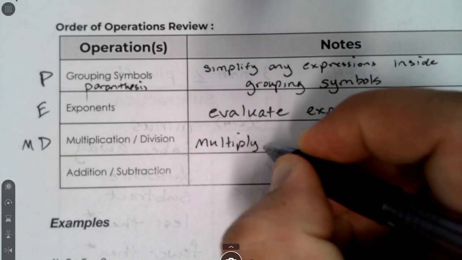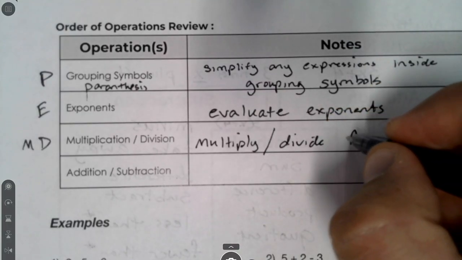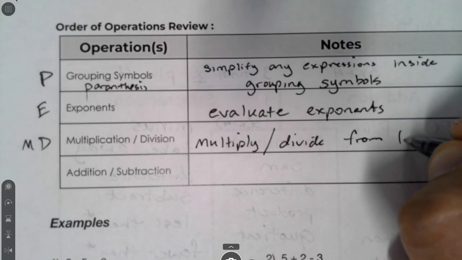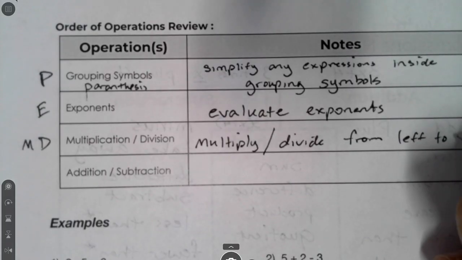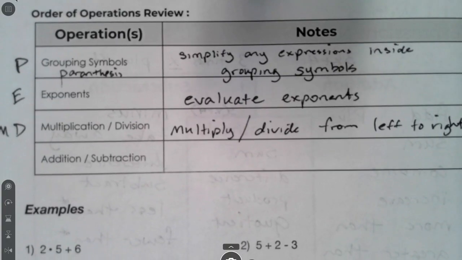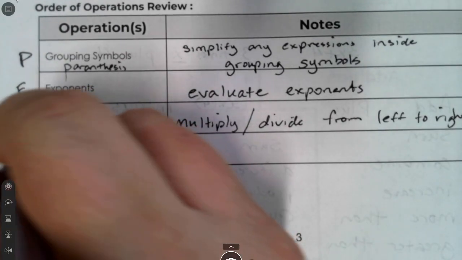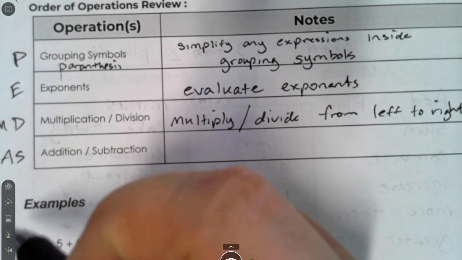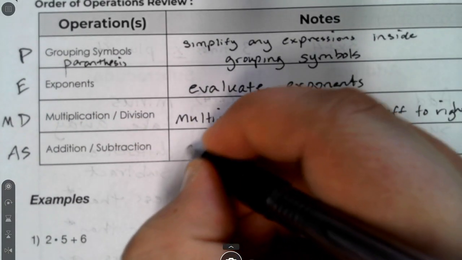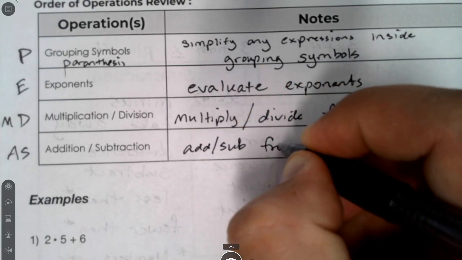Sometimes you'll have both. You should always do that from left to right. So if there's more than one of them, you should always do it from left to right. And last, addition, subtraction. This is our PEMDAS. You should add and subtract from left to right.